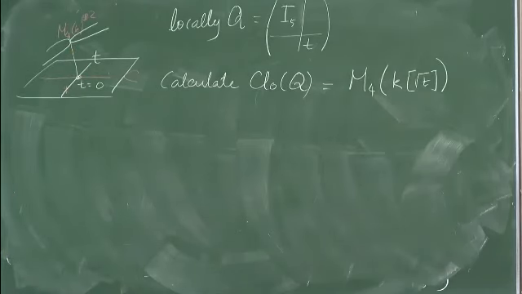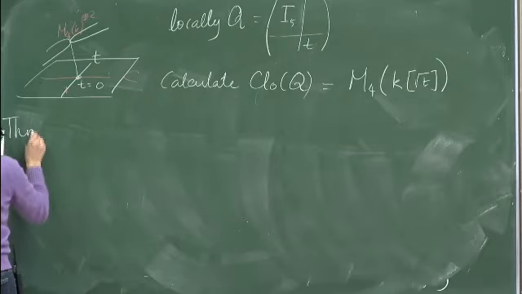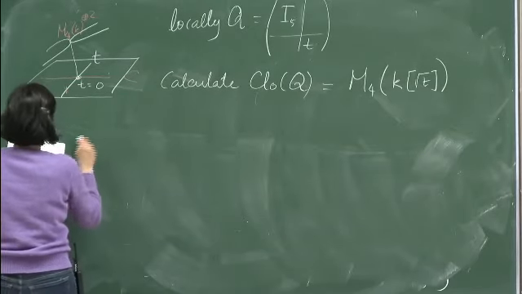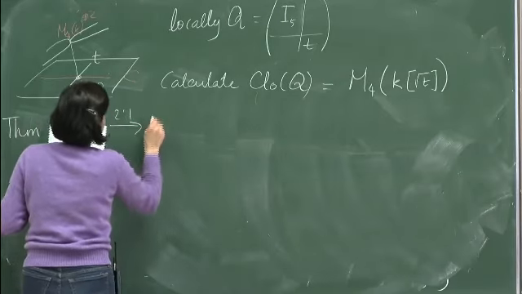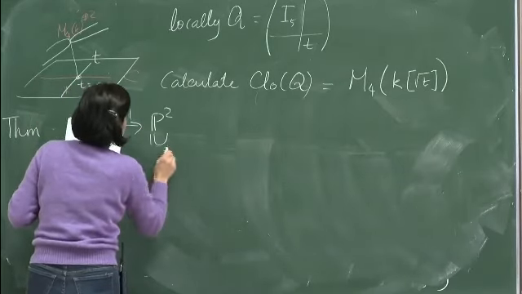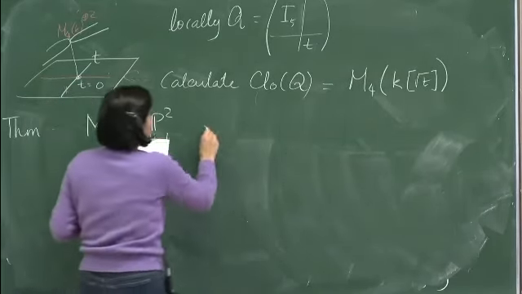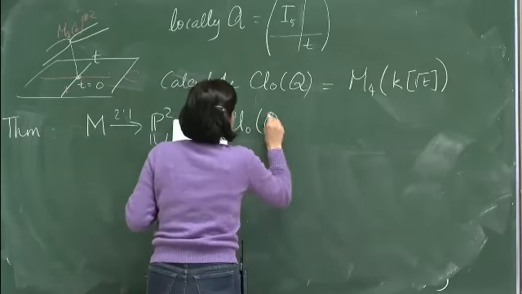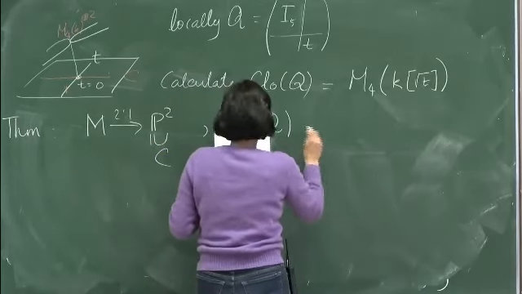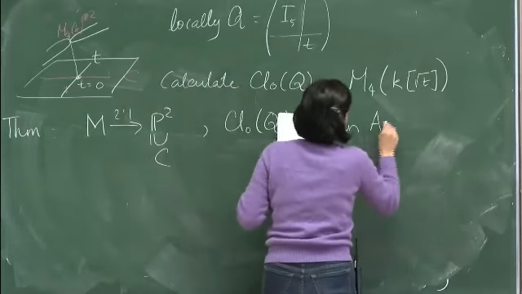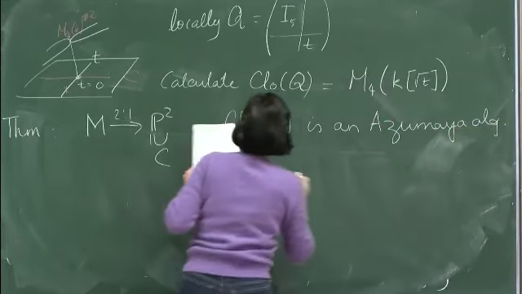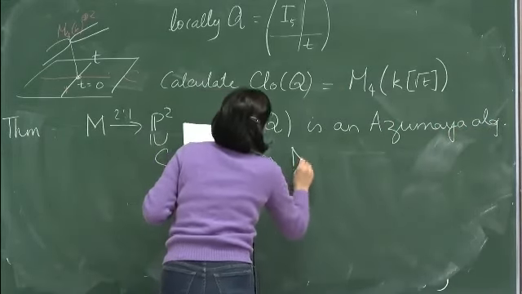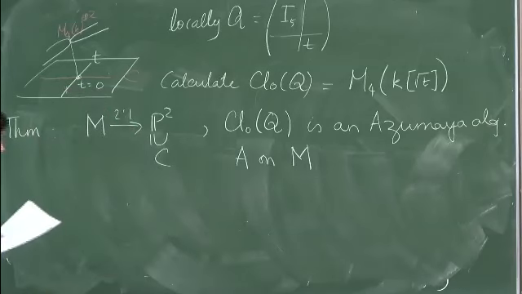So in other words, theorem: if you take M to be the double cover of P2 branched over the sextic C, then the even Clifford algebra of this quadratic bundle is an Azumaya algebra A on M. So it lives on the double cover.